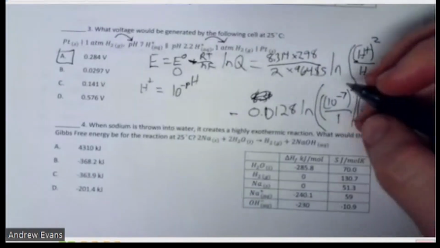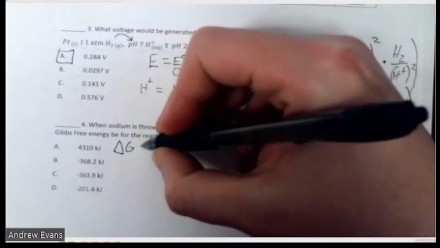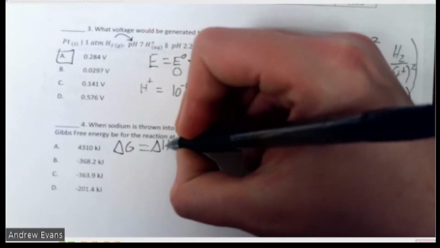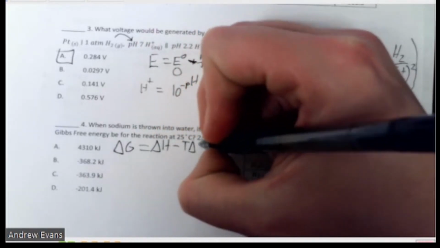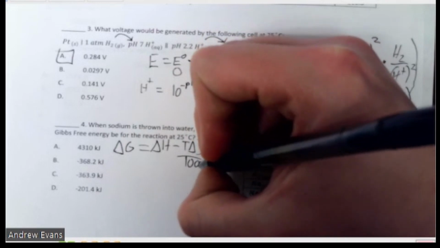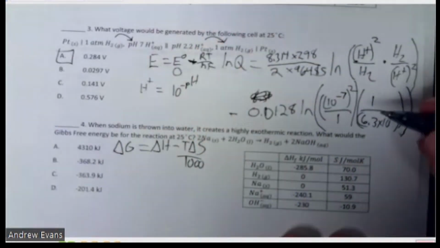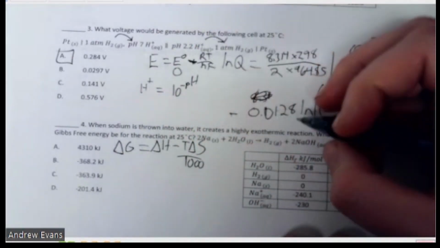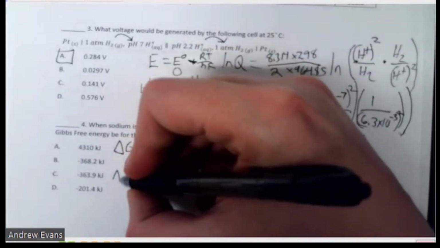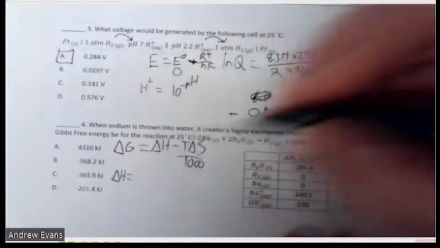What is the Gibbs free energy of this reaction? Well, Gibbs is equal to delta H minus T delta S divided by 1,000. So delta H is products minus reactants.